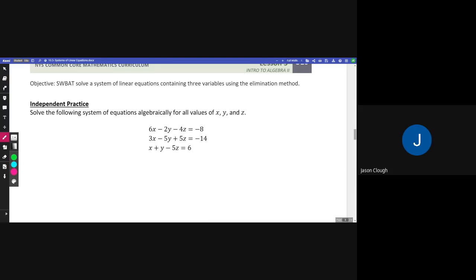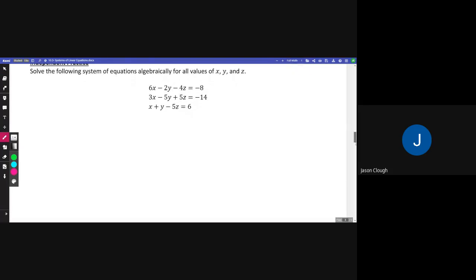In this case, the two equations I'm actually going to use. So we can see that I already have an x by itself.